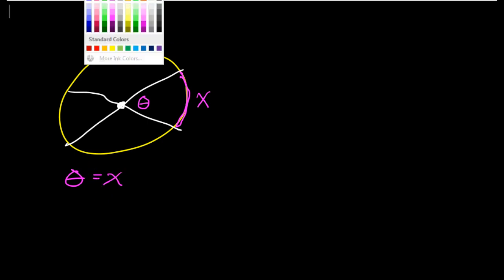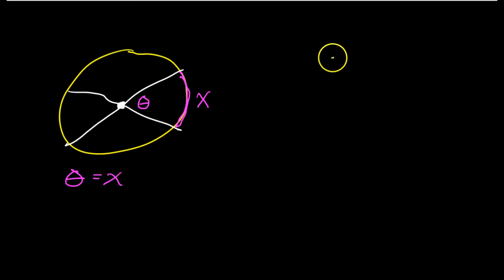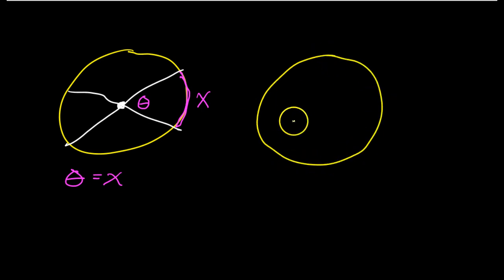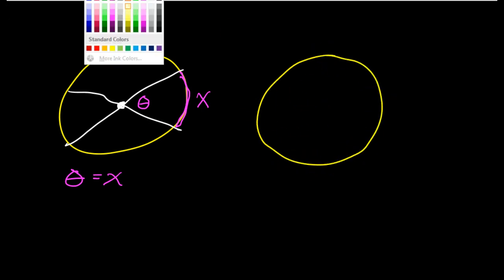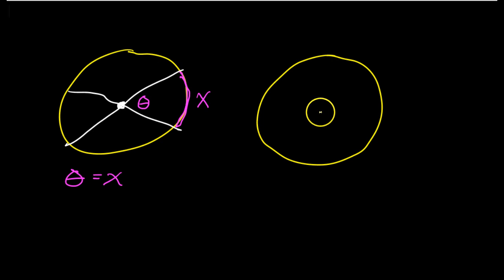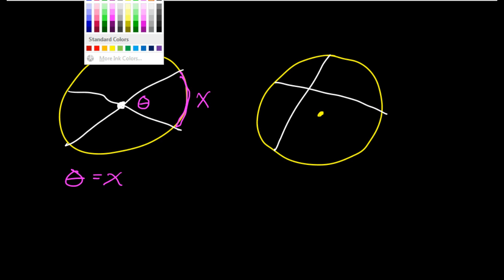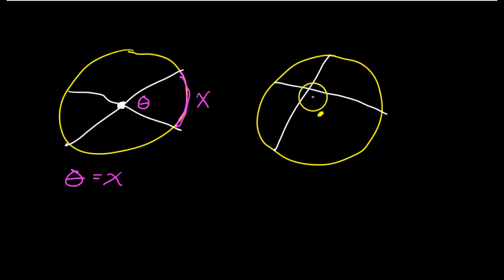Now, let's look at a similar situation, but this time the angle will not be at the center. So you can still imagine that the center of the circle is right here, but when I draw my angles, they will not be at the center this time. So I still have my angles, this is theta, this is also theta up here.